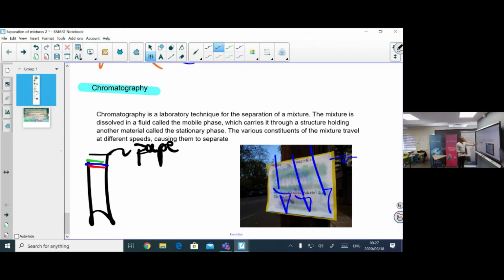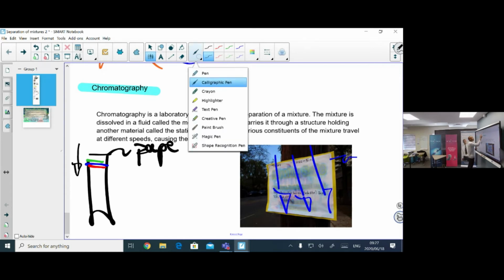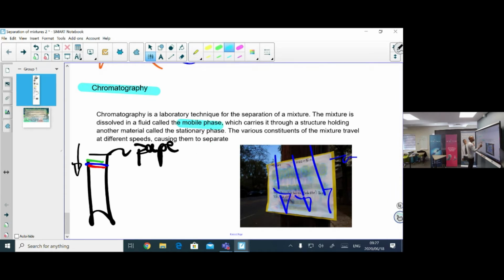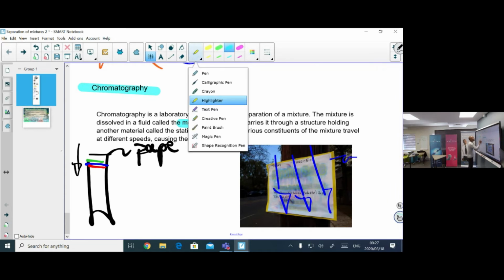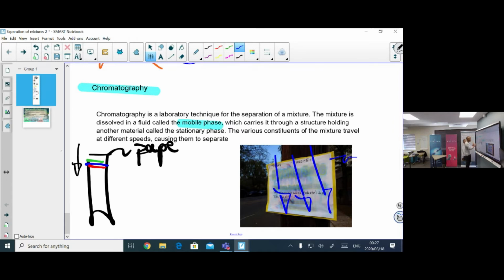If they have those colors and you run through a liquid, that liquid, which is called a mobile phase, will allow these colors to run along the paper, and they will run at different rates.